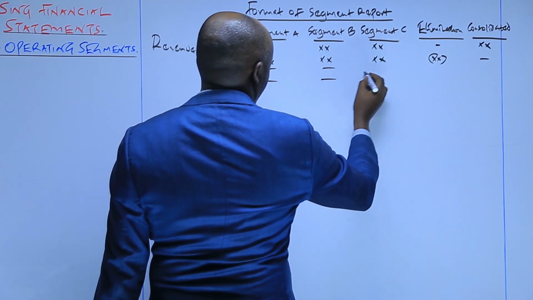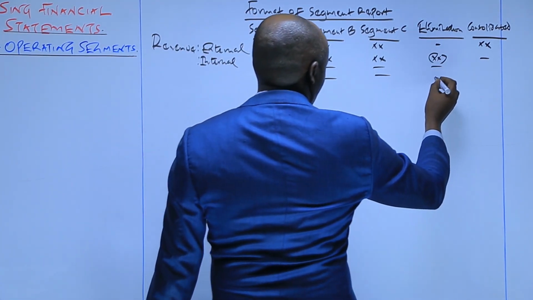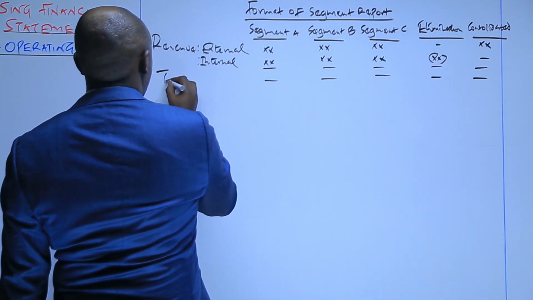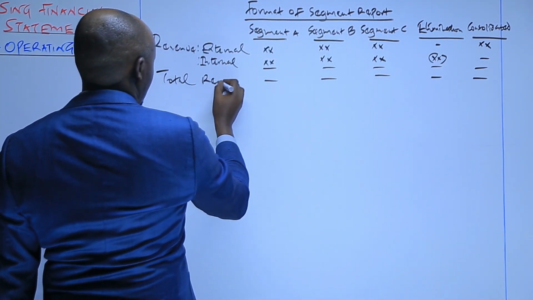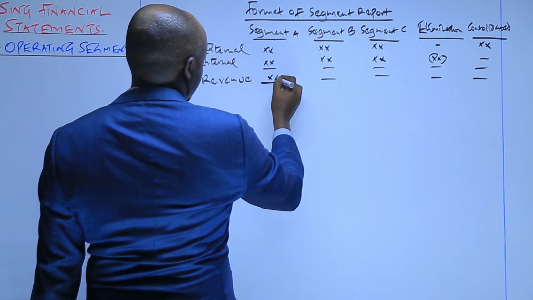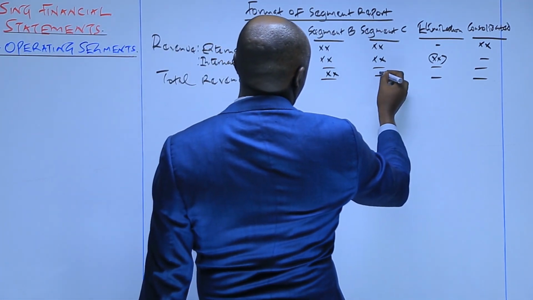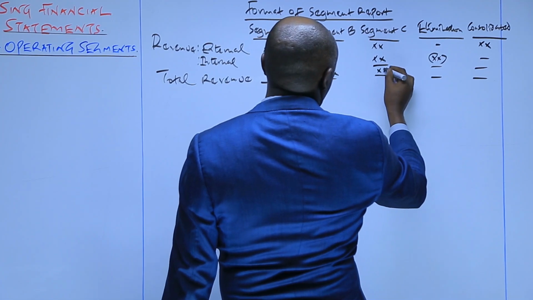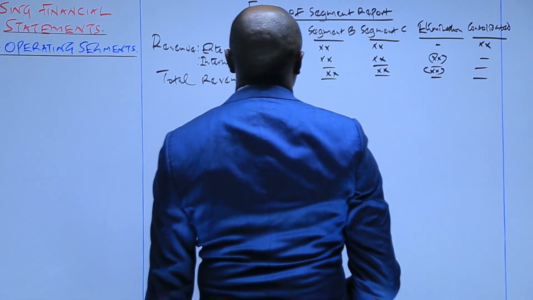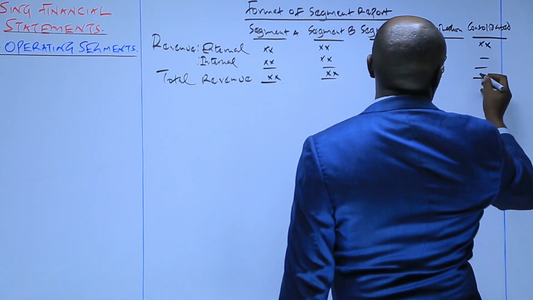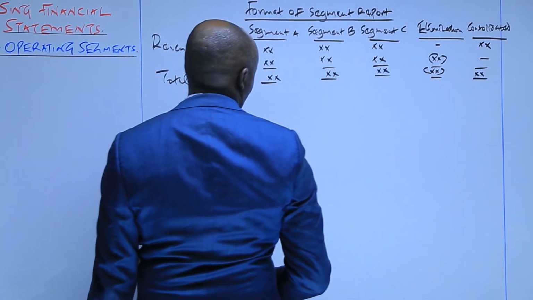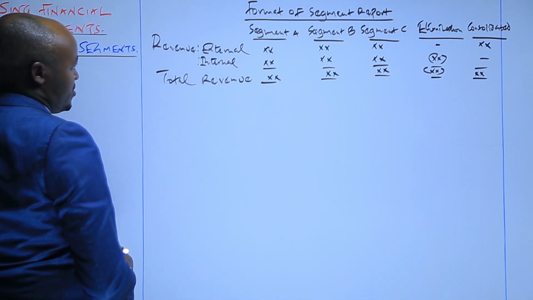And then from there, we get the total revenue for each segment, which includes both internal and external. So we come and we eliminate the internal revenue, such that what we have in that last column comprises only the external revenue.